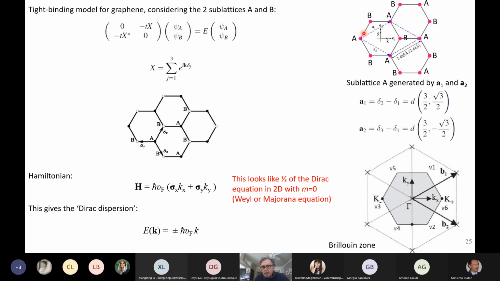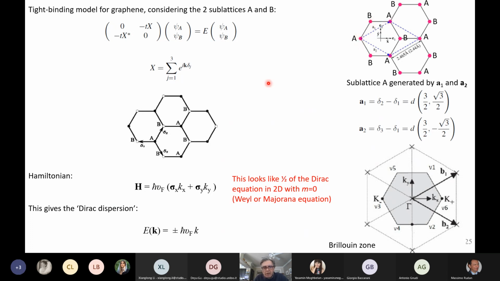Remember, every carbon atom has a 4-fold coordination. 3 of the 4 electrons are hybridized into an sp2 bonding configuration, and then we're left with a pz orbital, which is the orbital sticking out of the plane, which hybridizes into the pi band. So we look at the interaction of these pz electrons in the sublattice A with the sublattice B.